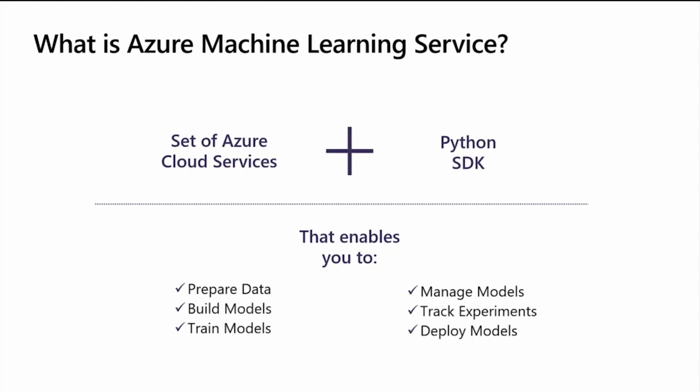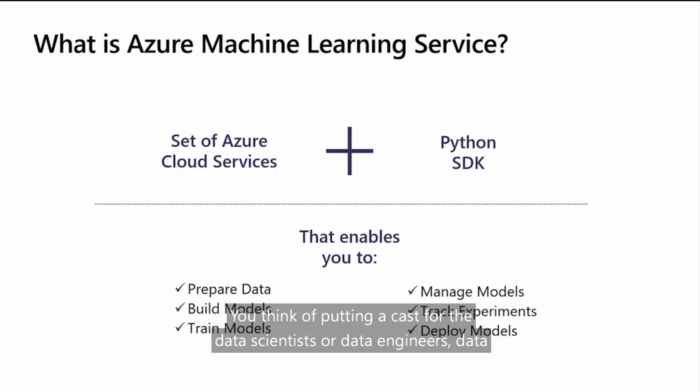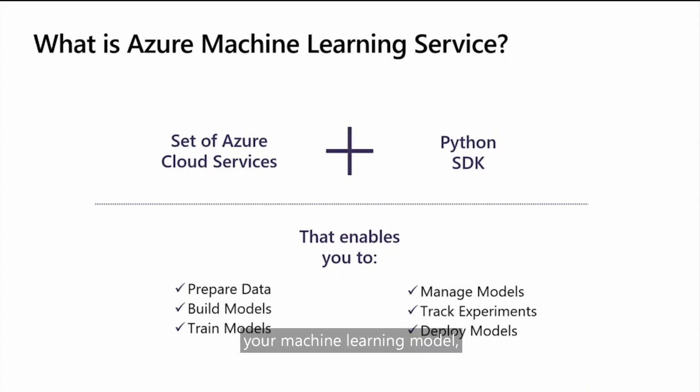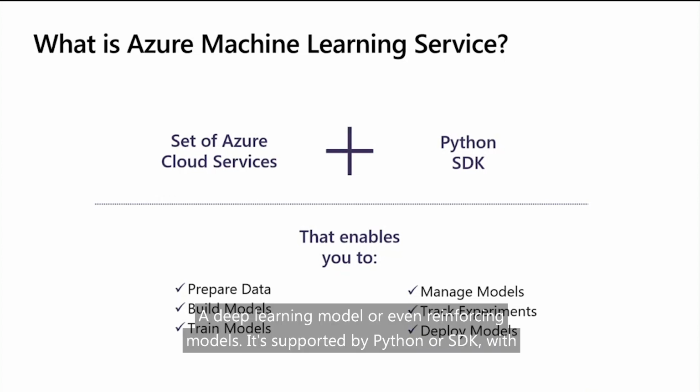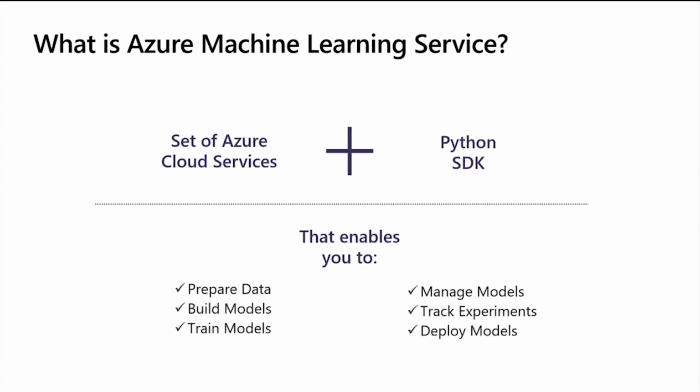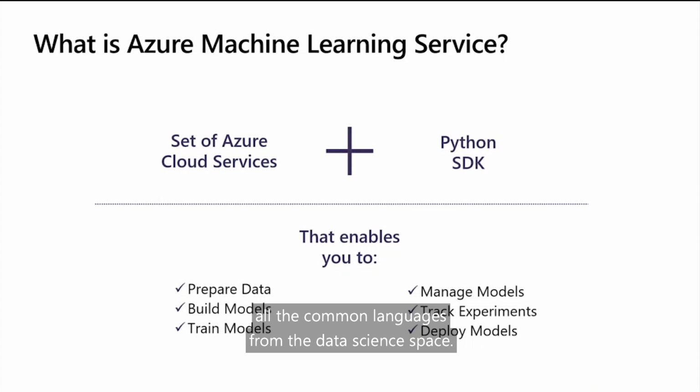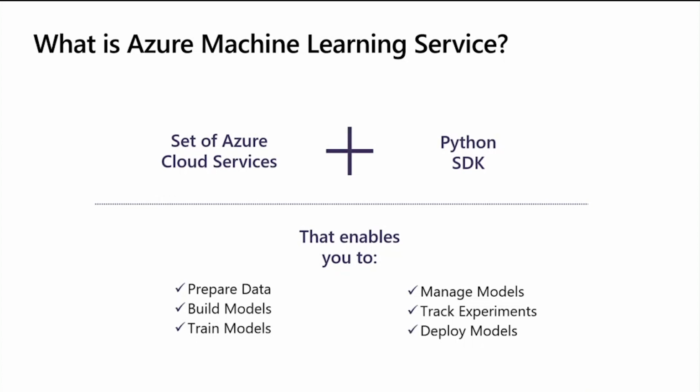It is a single pane of glass for data scientists, data engineers, and data analysts. Within this Azure Machine Learning service workspace, you can build your machine learning models, deep learning models, or even reinforcement learning models. It supports the Python SDK, R, and all the common languages from the data science space.